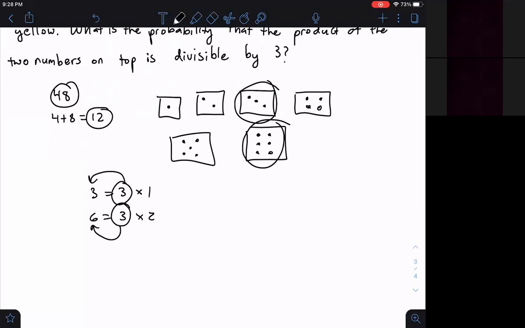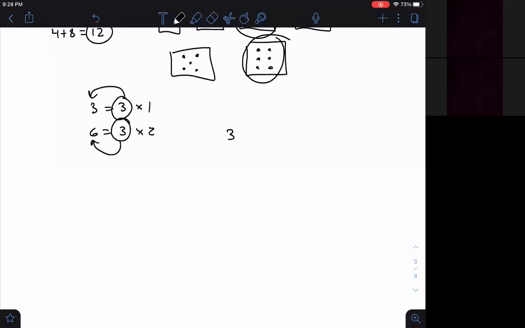So if any number is multiplied by 3 or 6, that product will definitely, no matter what, be divisible by 3. And why is that? That's because 3 will be one of the factors of that product. For example, let's take 3 times 7. We know that the factorization of 3 is just 3 times 1. We know the factorization of 7 is 7 times 1.